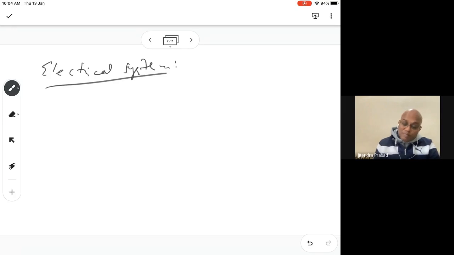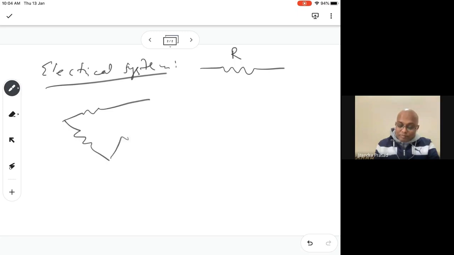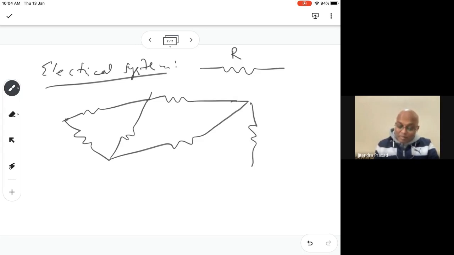Although we will denote this resistance now, right? So earlier it used to be a spring, now it is a resistance. And an electrical system could be something like this, any combination, right? And you will have something given.